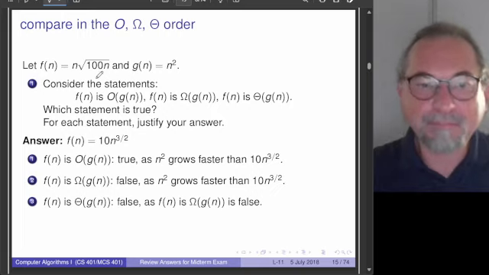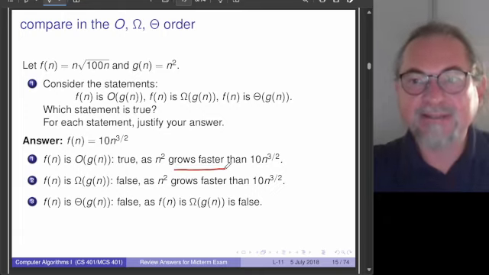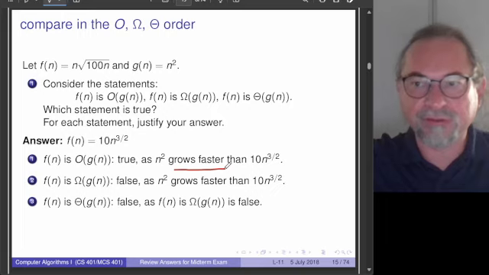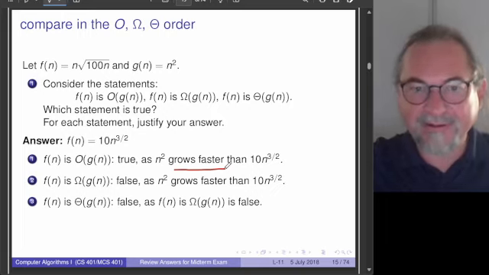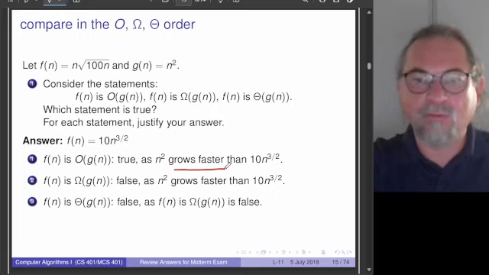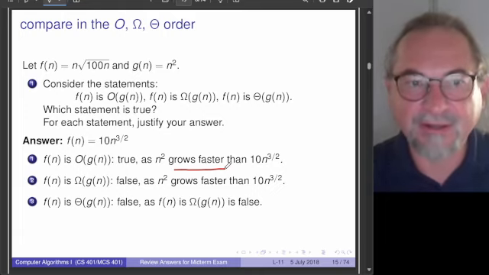But implicit here in the statement that it grows faster is that the threshold value for the n is there. Obviously if you plug in 1 for little n, then 1 squared is just 1, and that is definitely not larger than the 10 that you're going to find.